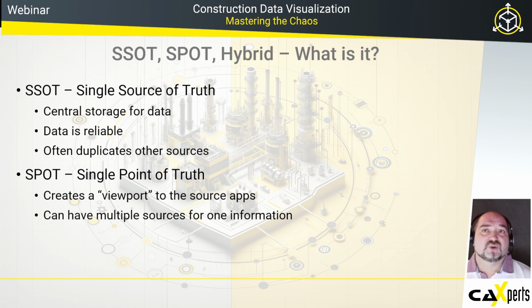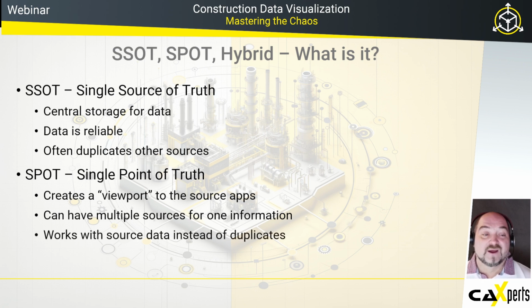So we cannot be sure, if we have different revisions of our data in different sources, that we really have the most recent one and the current one. But on the other hand, it works with source data instead of duplicates. So this means we don't have to rely on duplication, which can also be a risk because depending on when the data is duplicated into the central storage, that's just how exact it is.